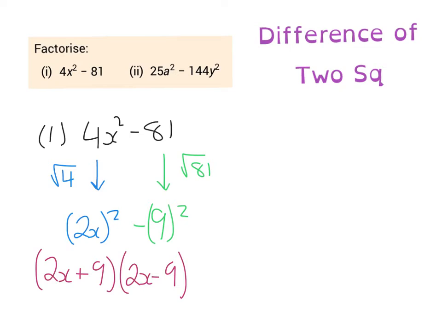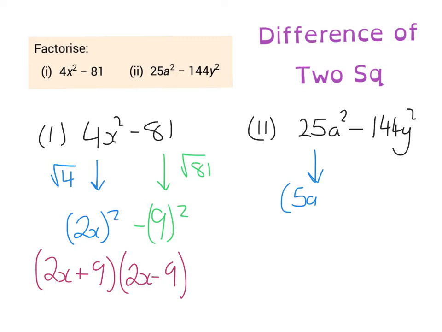And if we were to apply that same method to number 2, we have 25a squared minus 144y squared. I write each term as a square, so I have 5a to be squared, and for 144y I'm left with 12y to be squared.